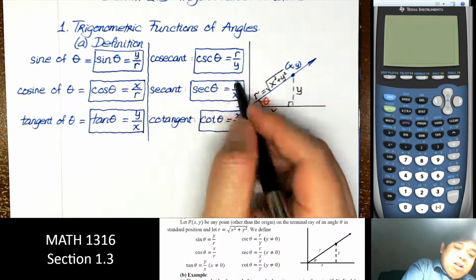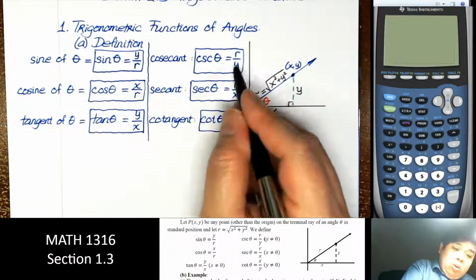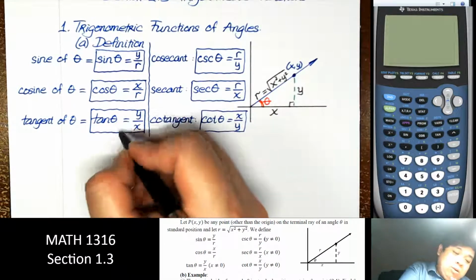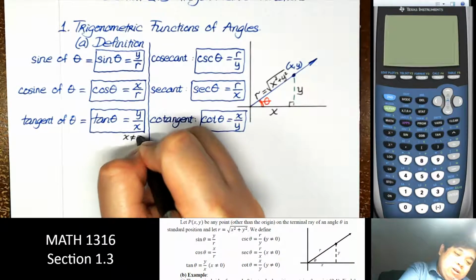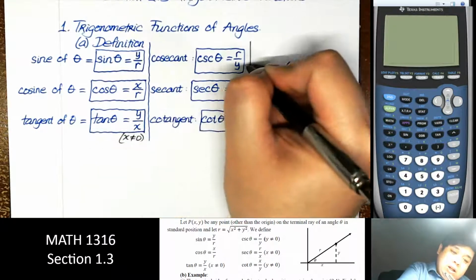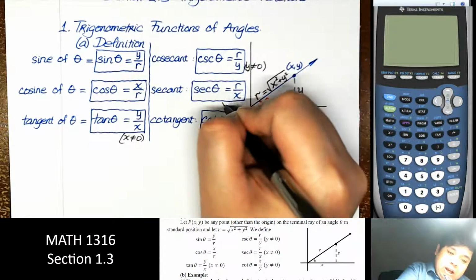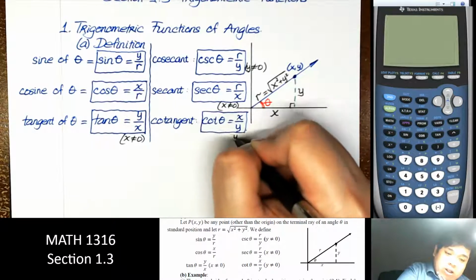When we divide by x or y, make sure the x and the y here are not equal to 0 whenever applicable. So here x not equal to 0, here y is not equal to 0, x not equal to 0, and y not equal to 0.